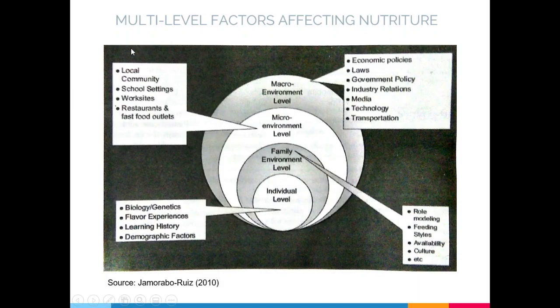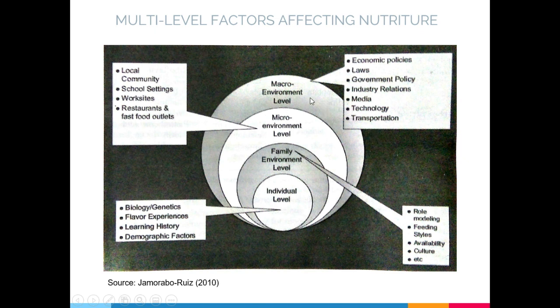We also have this another illustration that would represent the multi-level factors affecting nutrition. So we have the individual, family, micro, and macro environment. Macro environmental level represents the largest level, no? And in this level, economic policies, laws, and so forth are included here.